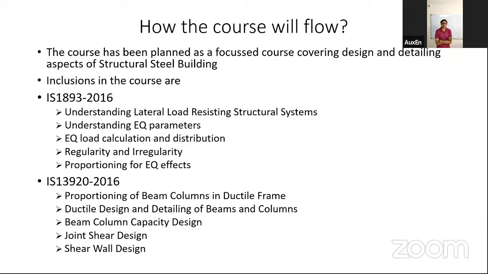So all these parameters we will try to understand. Then we will try to figure out how the earthquake load is calculated, what is meant by base shear, what is meant by overturning moment, how your base shear is calculated, how it is distributed across the floors. So all those things we will try to understand and calculate also.